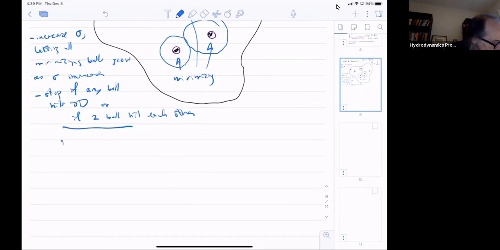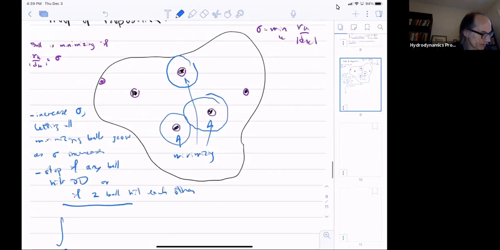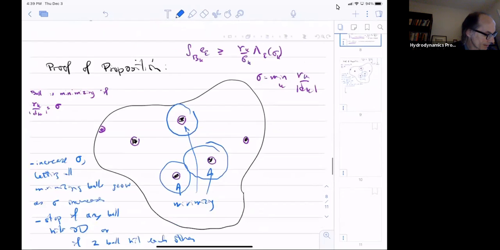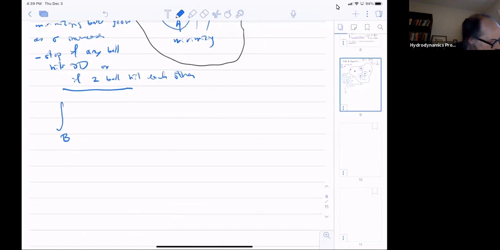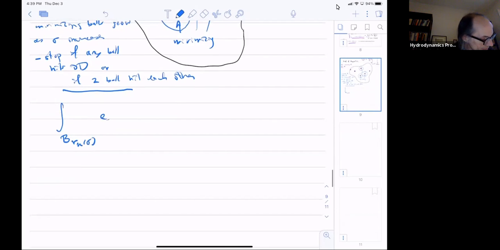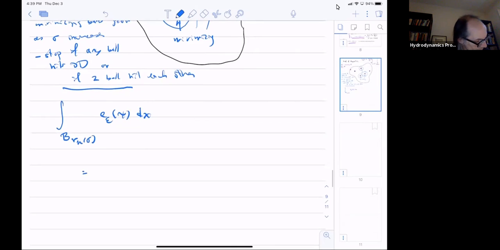So we have to look at, what do I have here? Well, let's say Rk of sigma, the energy. So I imagine I'm increasing from sigma naught to some larger value of sigma.